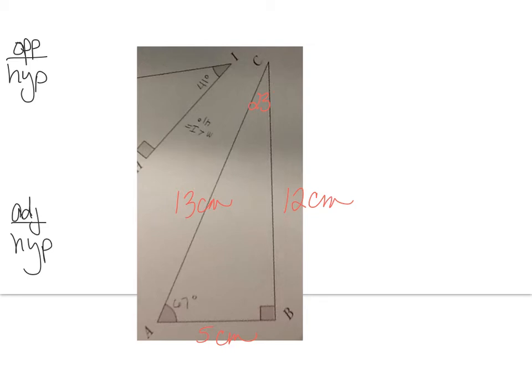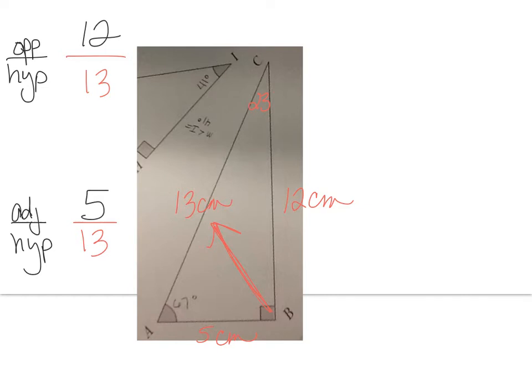So we are looking in reference to angle A, and remember, this is my hypotenuse. So I can do 13 on the bottom of both of those. Opposite angle A is 12. And adjacent to angle A is 5.